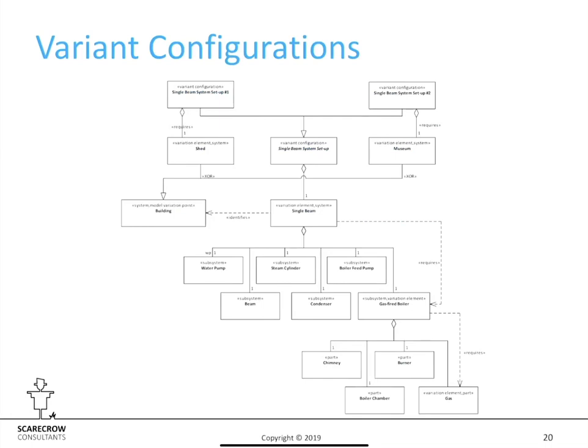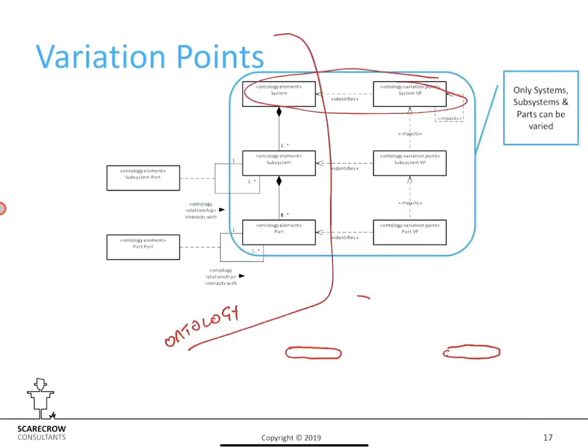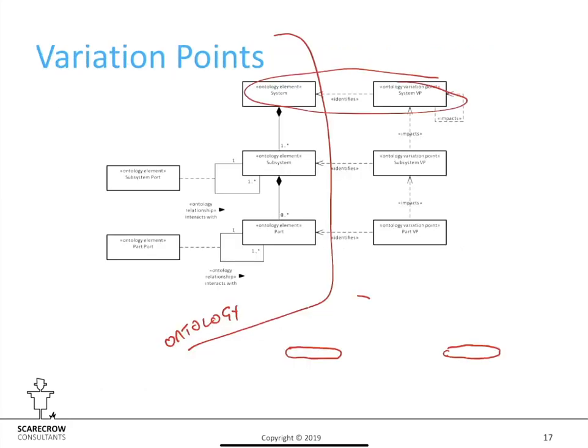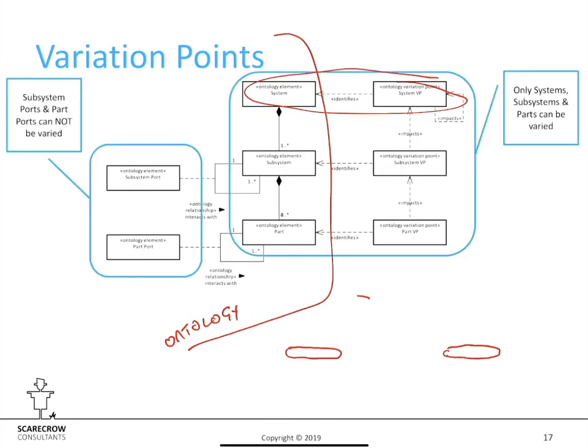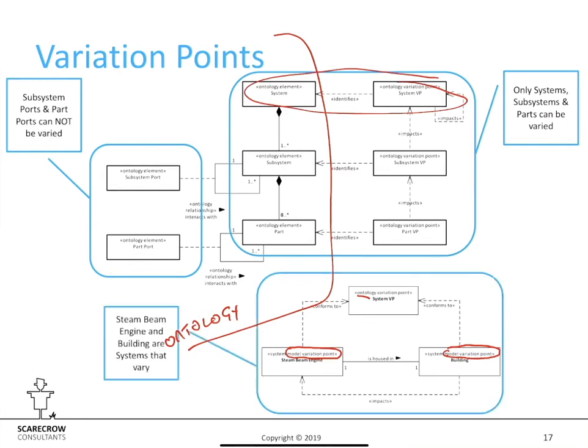So, in fact, I'm just going to go back a slide. So if we go back to these slides here, essentially what we're saying, just to recap, is let's start here. First of all, we're saying what concepts can we vary? We can only vary systems, subsystems, and parts. We use model variation points then to annotate our model to say which of those systems, subsystems, and parts we're actually going to vary.